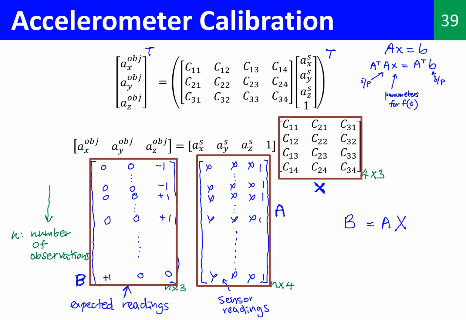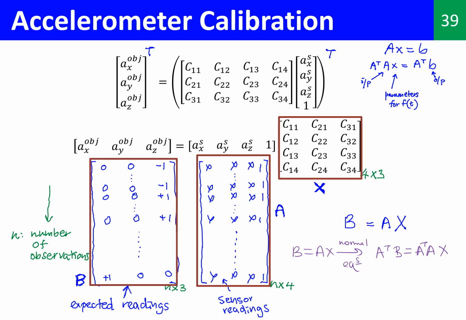Therefore, we can have an associated normal equations as before, which is given by A transpose B equals A transpose A X. And the solution would preserve the same nature of our original solution in least squares.